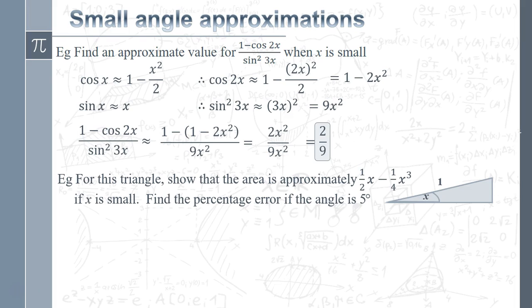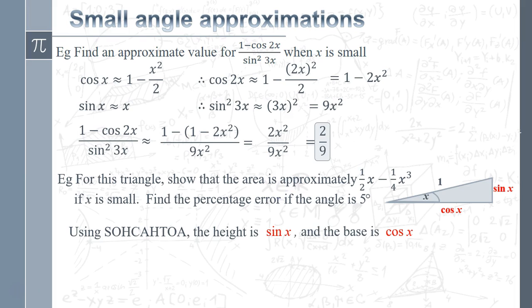We need base times height, so we need the length of the base and the height of that triangle, and hopefully we'll be okay if we realise that the height is going to be sine x and the base is cos x. If you want to take a moment to figure those things out, those are results that you've seen before in a range of different areas, possibly particularly mechanics. So there's our base times height.